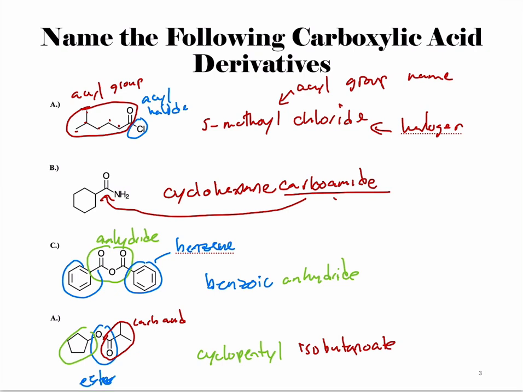So isobutanoate is what that would be named. Okay, so that's some practice using the naming skills. And next we're going to end up talking about a lot of reactions and general mechanisms for carboxylic acid derivatives.